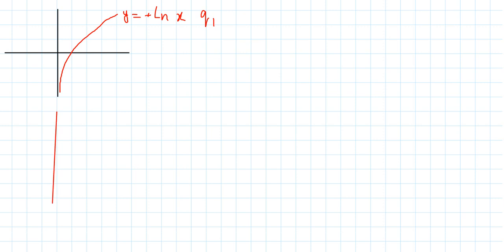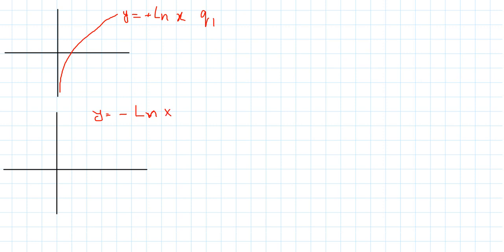Suppose that we have this. Minus ln x. Because we have minus ln x, y equal minus ln x.